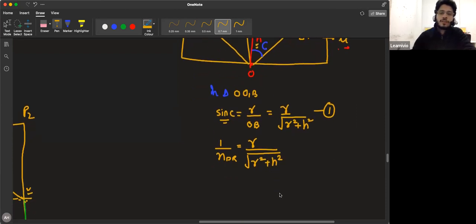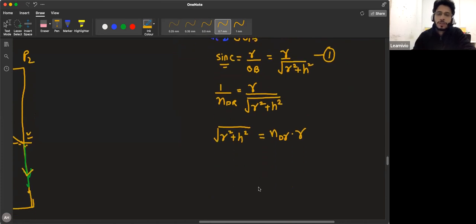You need this H, so you can just cross multiply. We get root over R square plus H square is equal to n times R. You can take square on both sides. When you take square on both sides, you get R square plus H square equal to n square R square. You need H square. Height is what you're supposed to calculate.